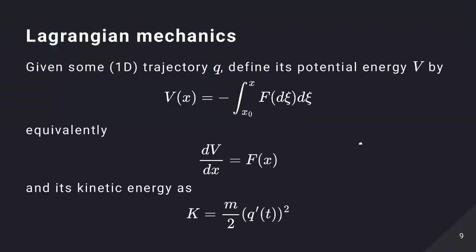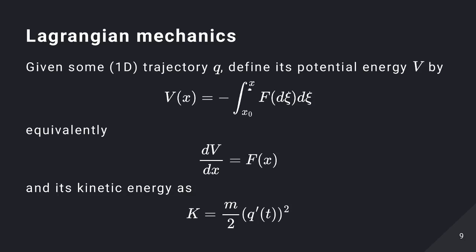For example, given a one-dimensional trajectory q, we can first define the potential energy of this trajectory by V being the integral, starting from some x0, which can be arbitrary, of the force along that trajectory. We're integrating the force from our starting point, which is arbitrary, to the point x we are at.